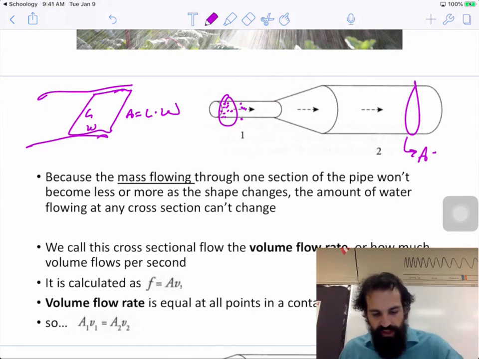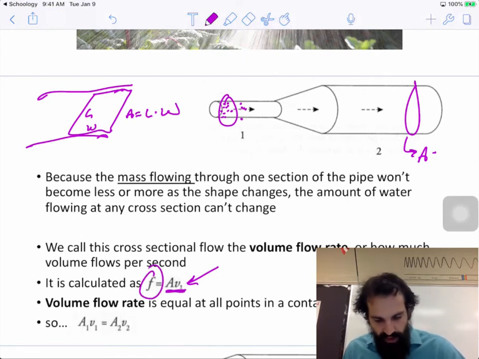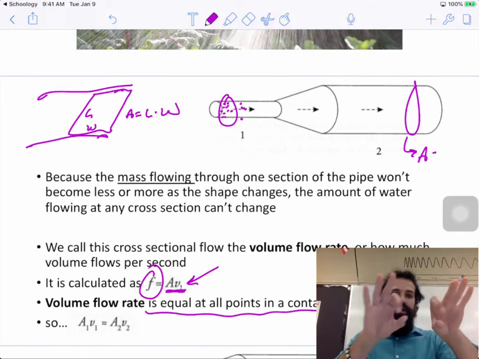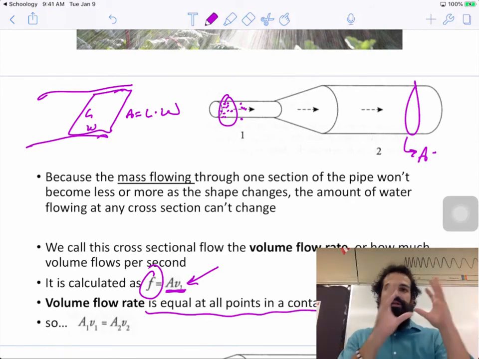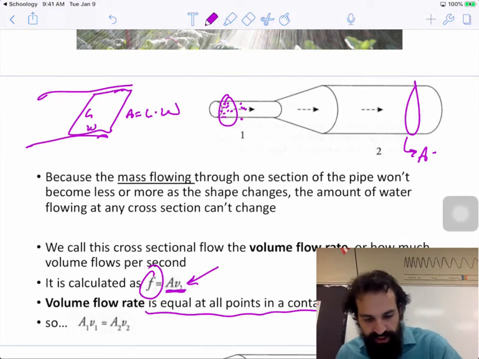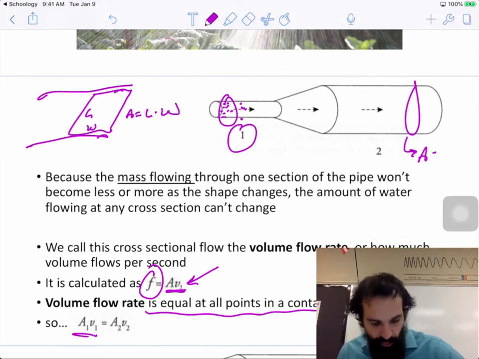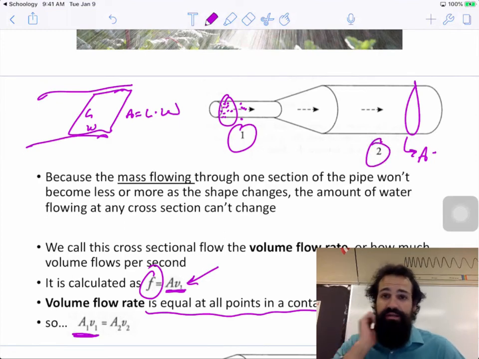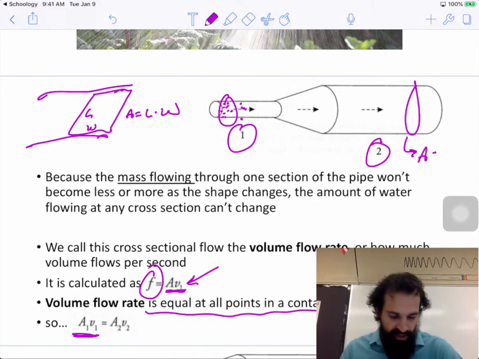So this equation right here will calculate the volume flow rate. And it is equal at all points because each cross-sectional area, each volume flow rate, needs to push the cross-sectional area ahead of it. So your volume flow rate at location 1, A1V1, is going to equal your volume flow rate at section 2.